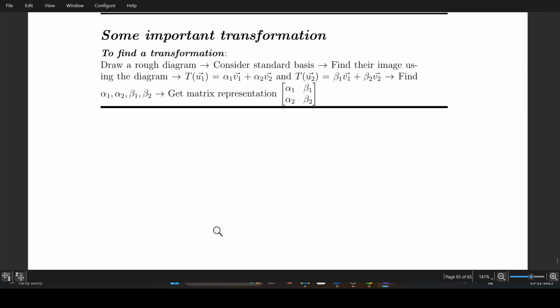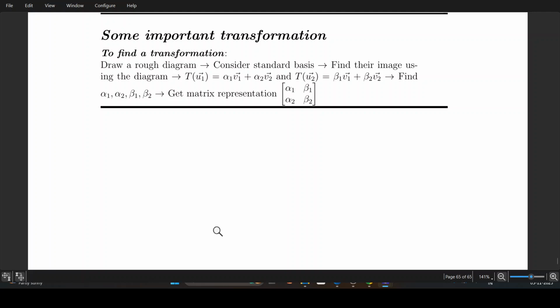Now, from the last chapter, there is only one thing that is worth discussing again, which is to find any transformation, like rotation, reflection, any kind of transformation. First, draw a rough diagram, obviously. Then consider the standard basis, right?